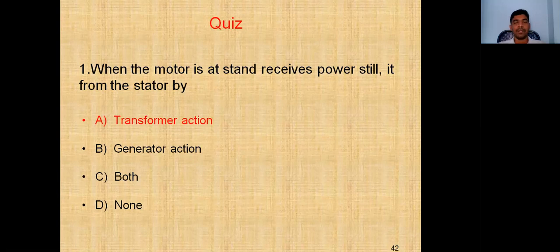If it were generator action, there would be rotation, but the motor is at standstill and not rotating. So it is not generator action, it is transformer action.